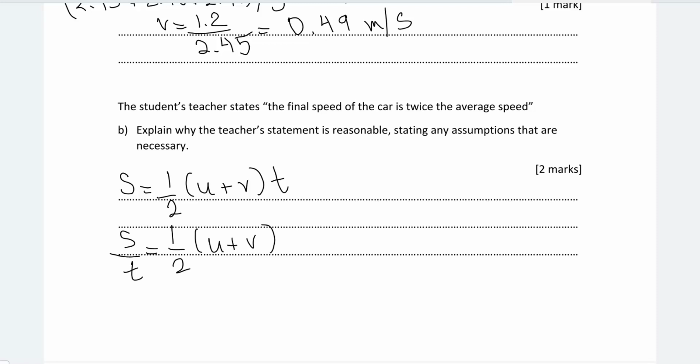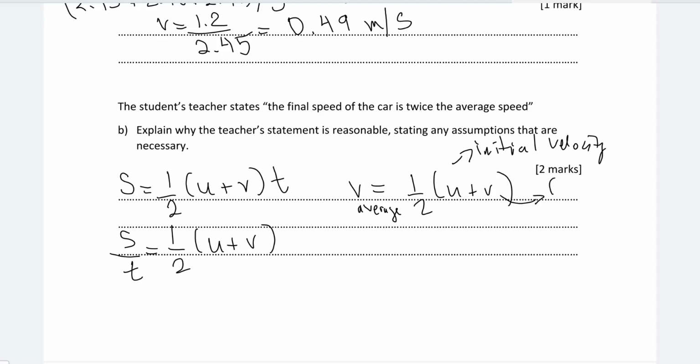Now, s over t is just speed. So what I'm going to say is that s over t is the average speed, sorry. v average will be equal to a half (u plus v). Now in this case, u is the initial velocity and v is the final velocity. Now our assumption for this problem, there are two assumptions actually.